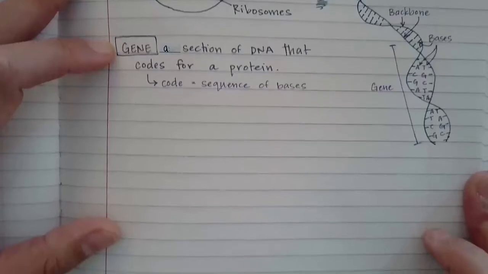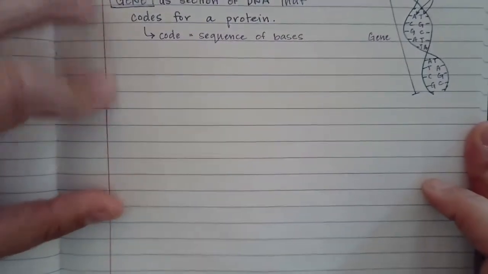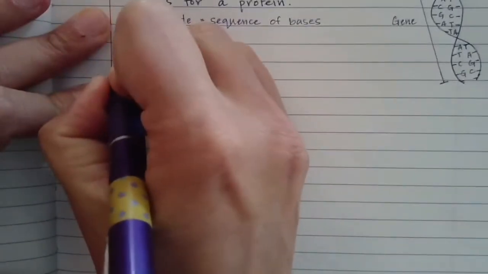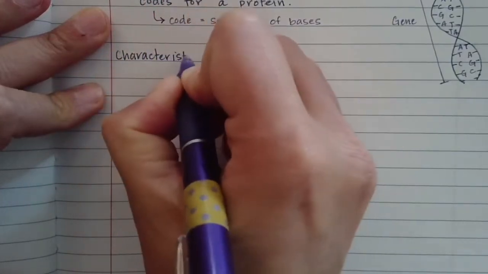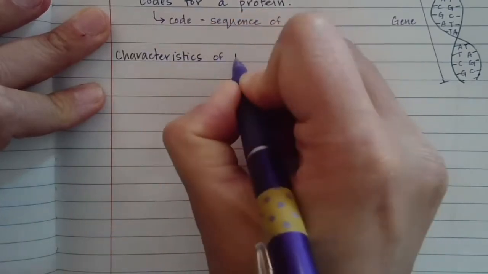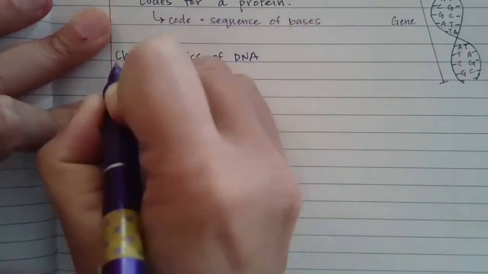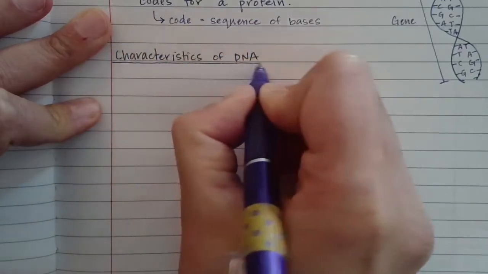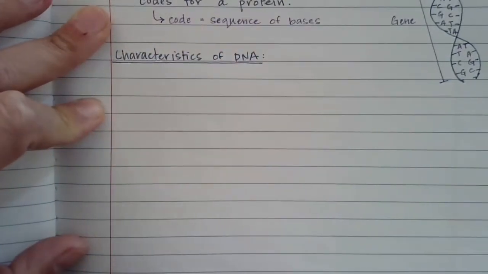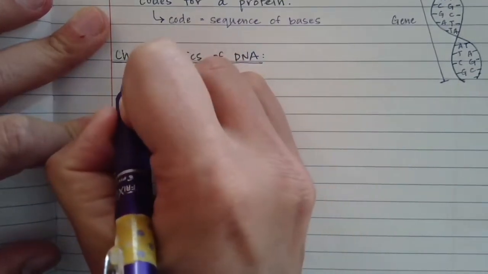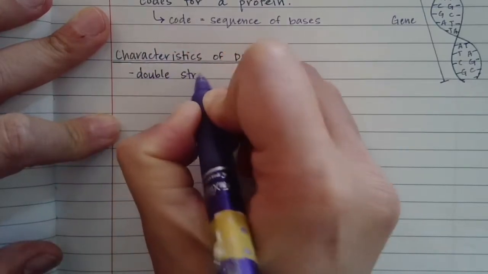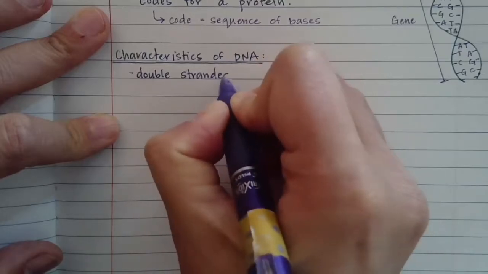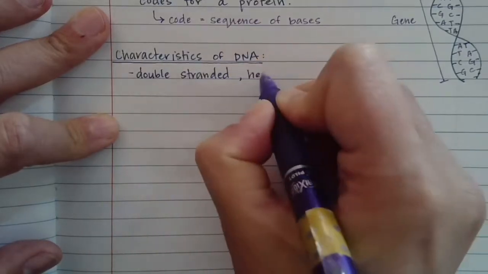So let's look at a couple of characteristics of DNA. The first characteristic of DNA is that it is double-stranded, and it has this helix shape.